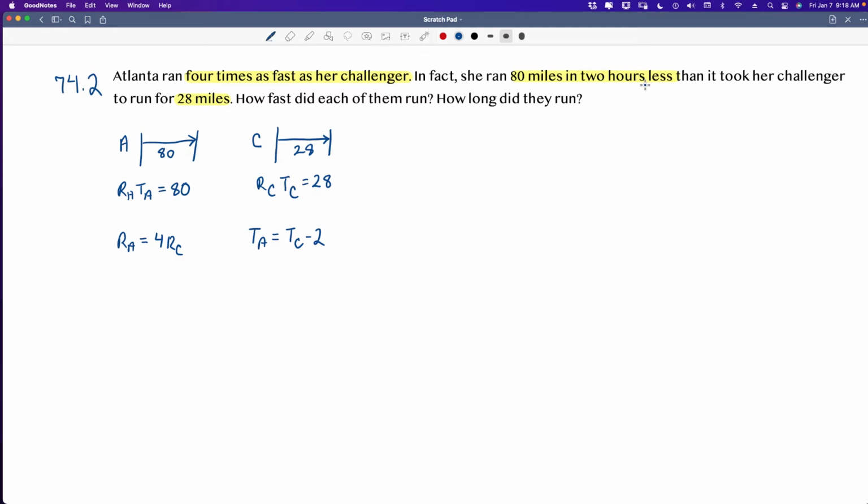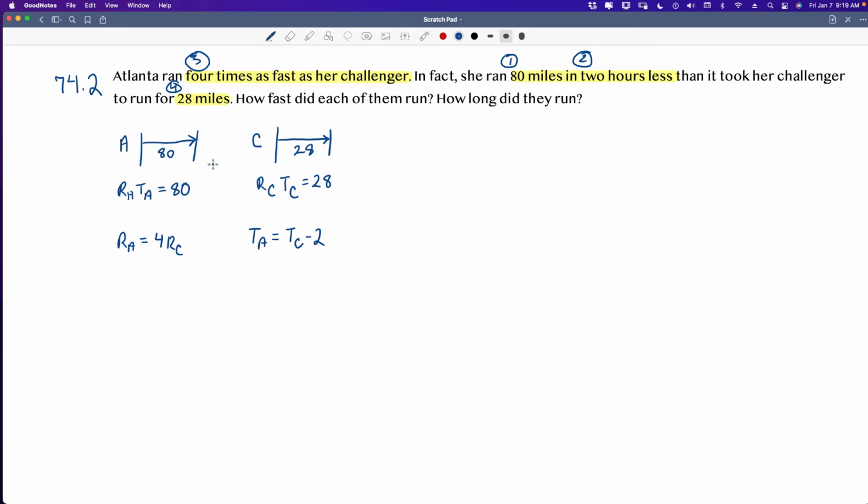She ran 80 miles. So this was 1, and 2, 3, and 4, because some of it's kind of combined, right?